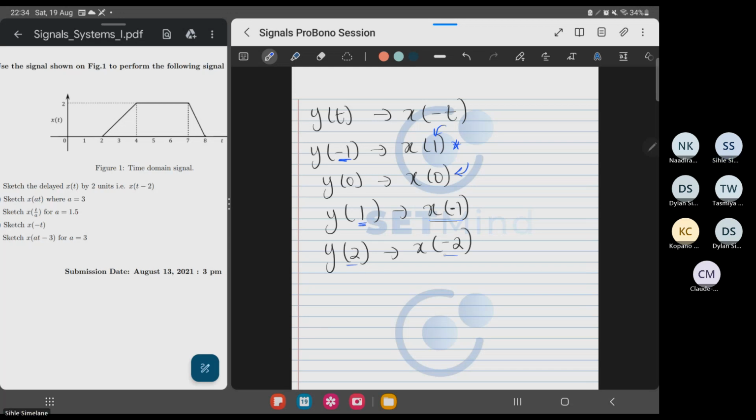Okay, I see. And then what conclusion did we end up coming with here? The memo in the lecture said that it was non-causal because as we increase now in the positive direction, so if we say y of 3, we'll see that it still happens in the past. But when we make the t value smaller, so if we make it y of -2, we'll see that it becomes future.